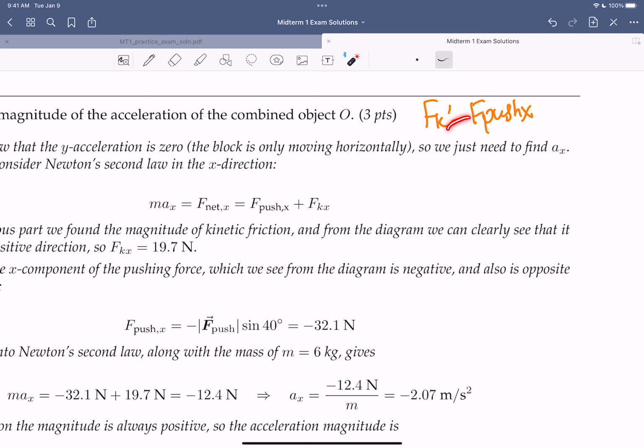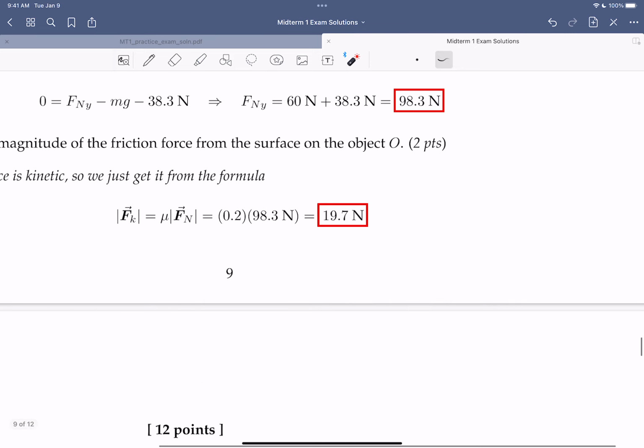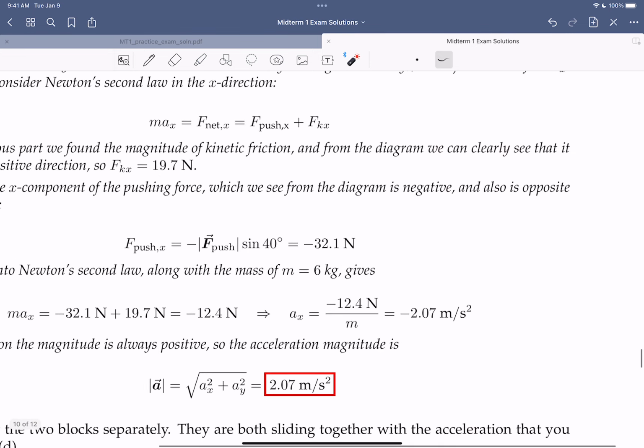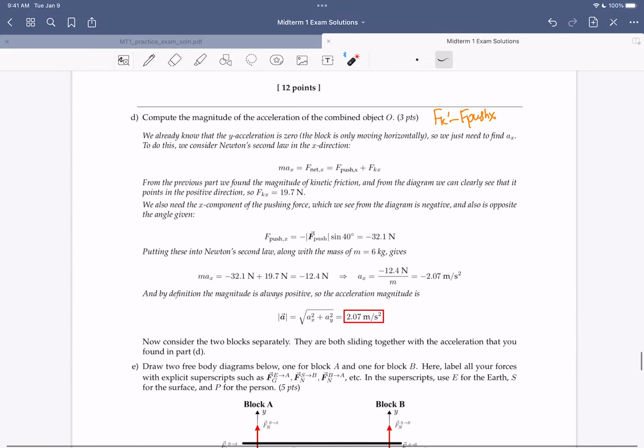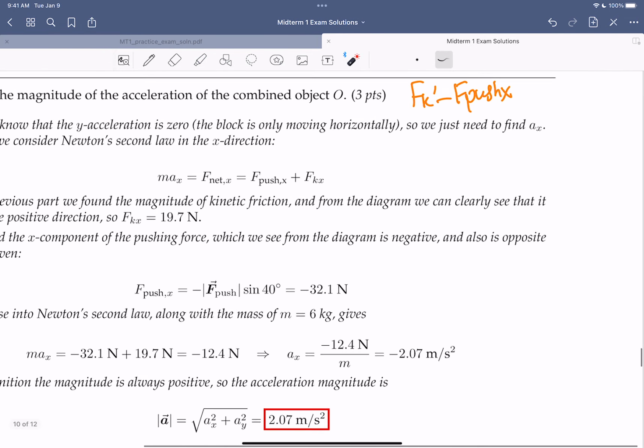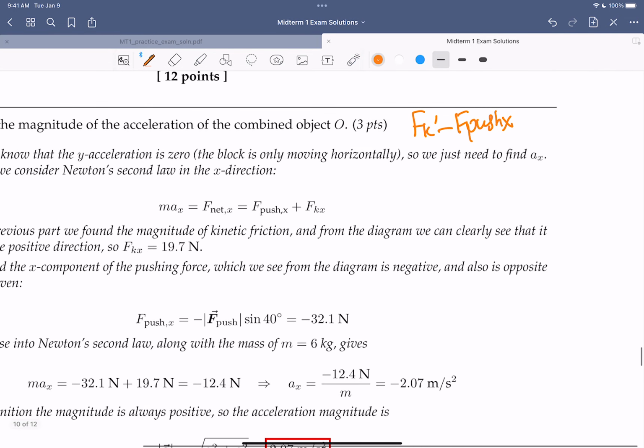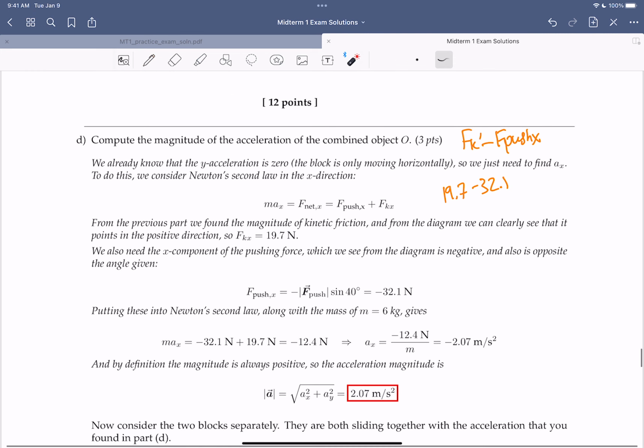I've already integrated the direction, so all I have to put is 32.1, and the minus sign is already there. My Fk prime, I already figured that earlier, which is 19.7. So I just take 19.7 minus 32.1, and that should give me the negative 12.4 that they have here.